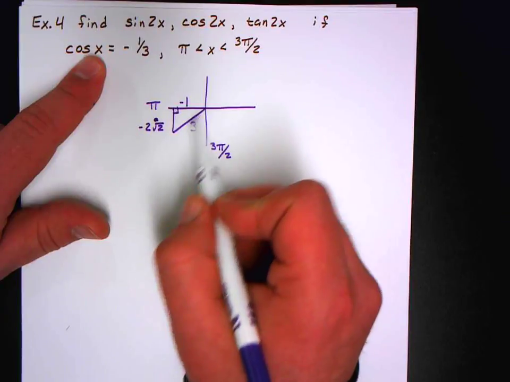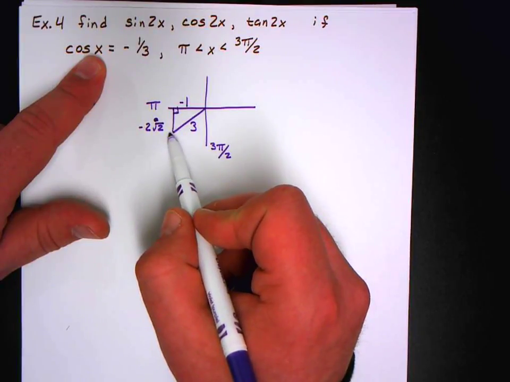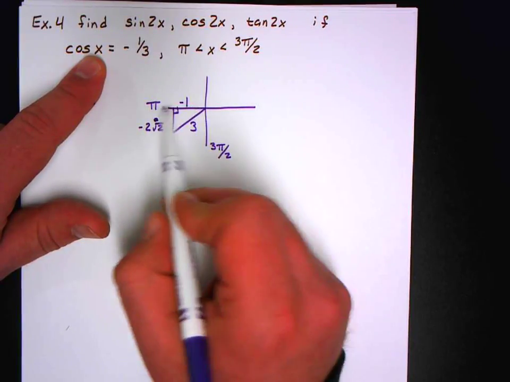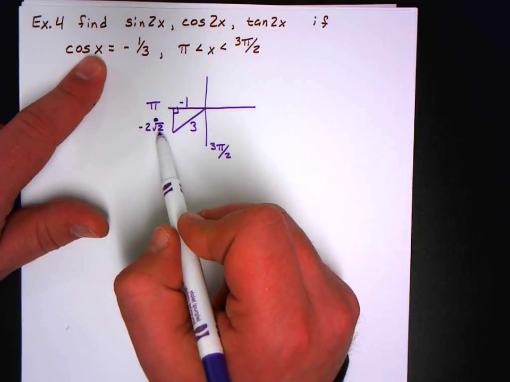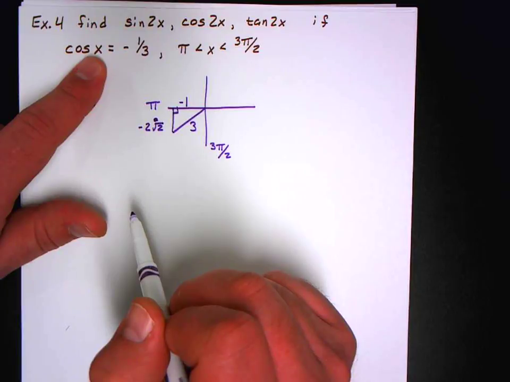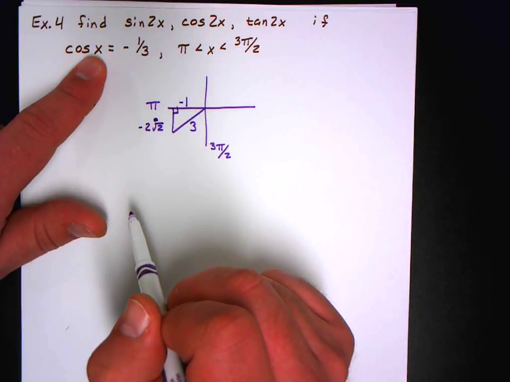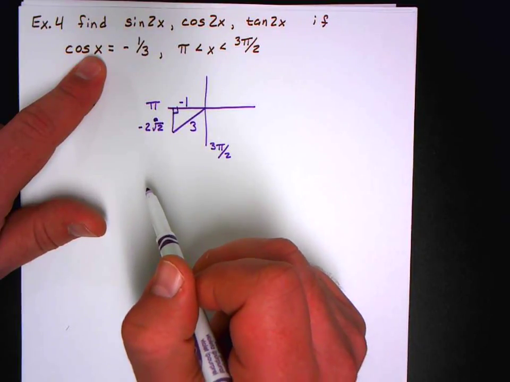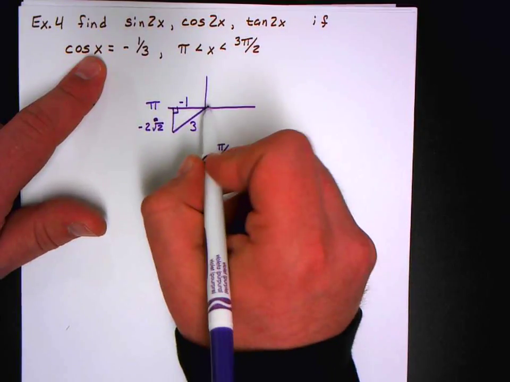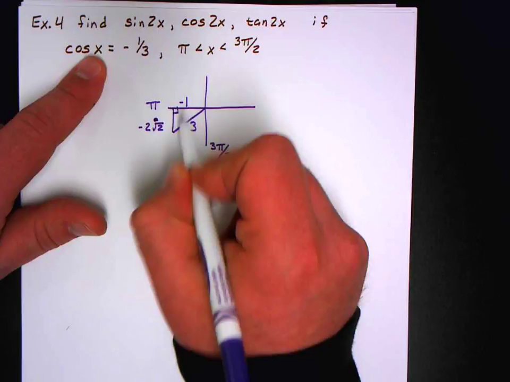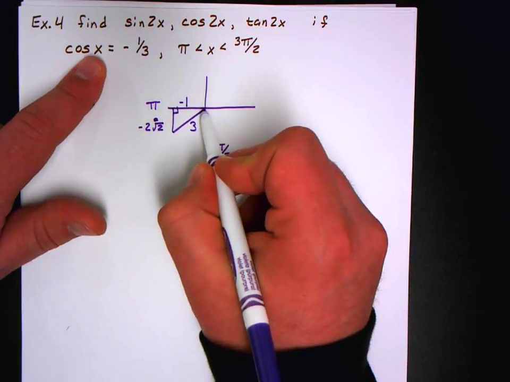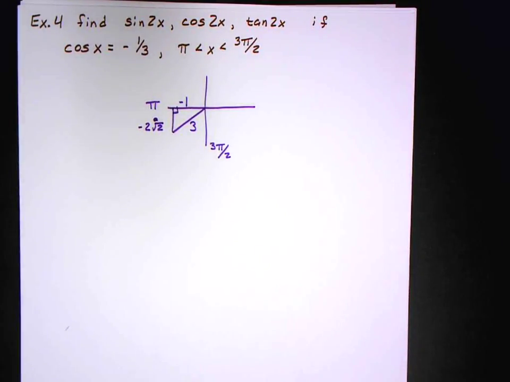So I put the 3 on the diagonal line. I put the negative 1 on the x value. And then I use Pythagorean to find my y value. It's not actually the unit circle, because the unit circle goes around at 1, and this goes out 3. But yes, same idea.